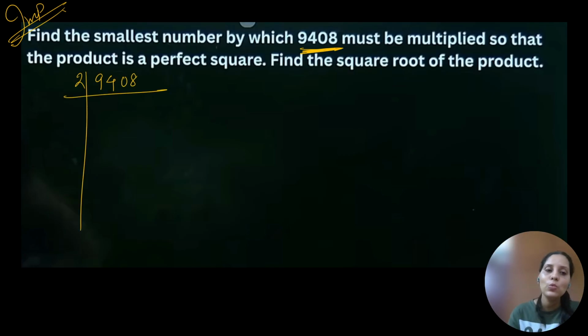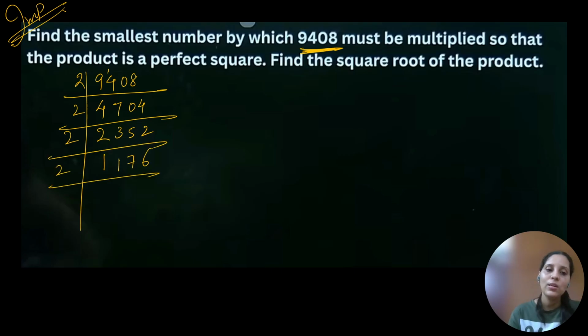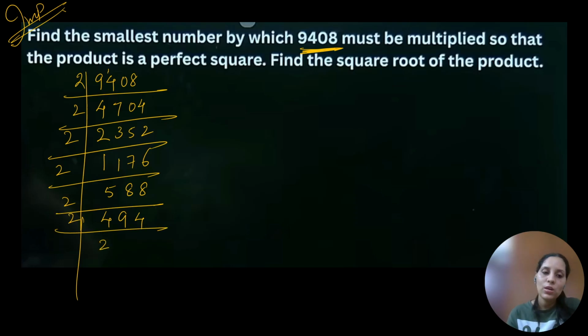Let us do 2 fours are 8, 2 sevens are 14, 2 fours are 8, again 2 twos are 4.